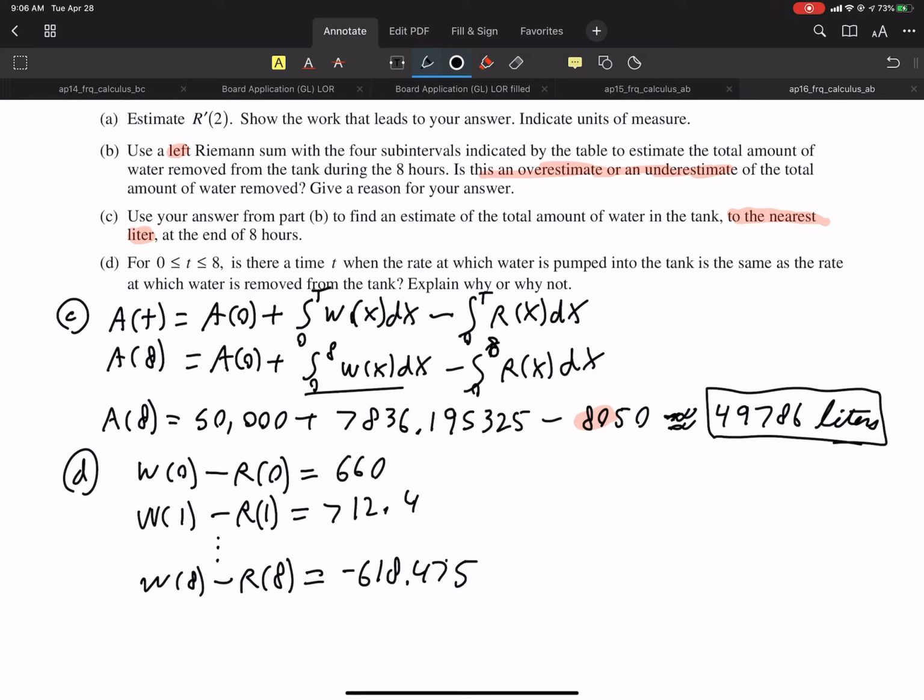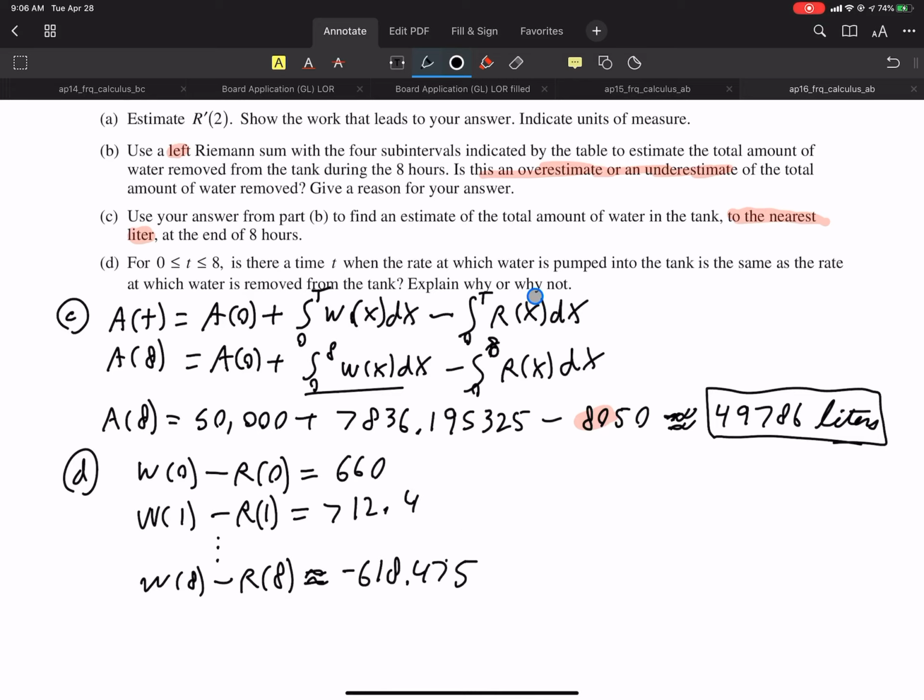So what's happening? From the first one, we know W is bigger than R. Here, we know W is less than R. So that means at some point between here and here, W minus R must equal 0.